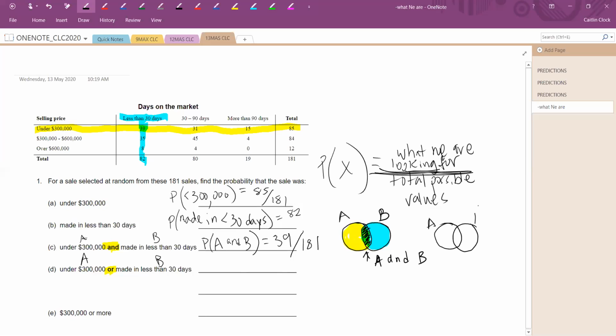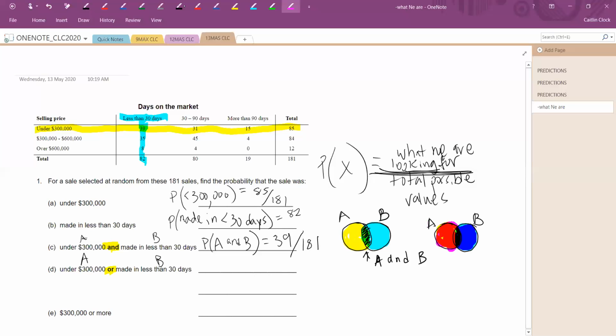It could be anything in A, or it can be anything in B. So it's the whole thing.